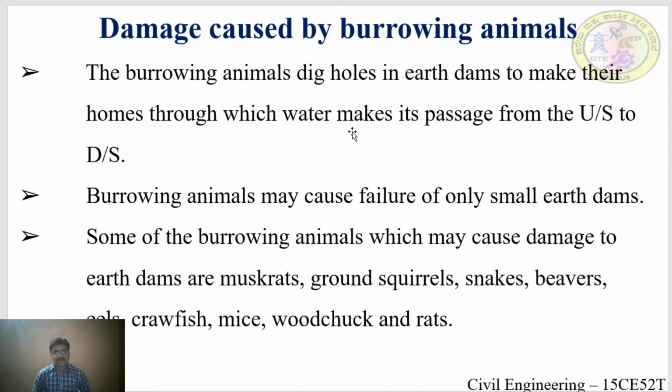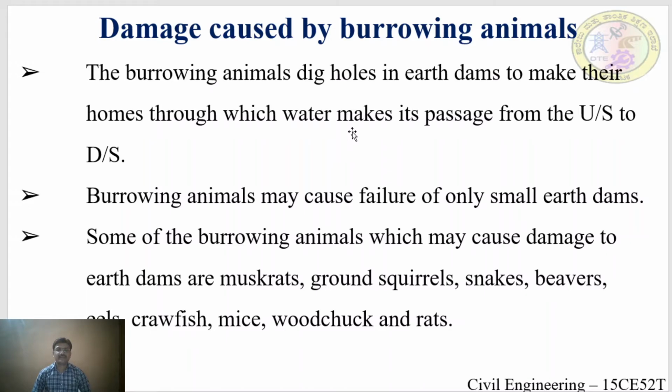Now, in this concept, we will discuss the damage caused by burrowing animals. The burrowing animals dig holes in earth dams to make their homes, through which water makes its passage from the upstream side to the downstream side. The burrowing animals may cause failure of the earthen dam only to a small extent.